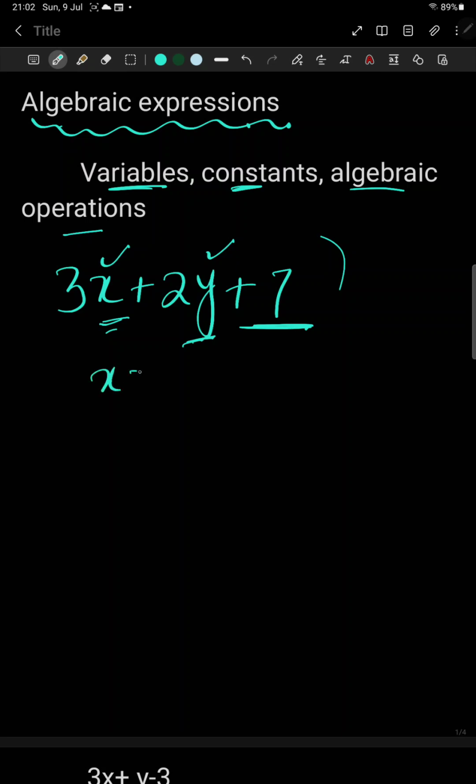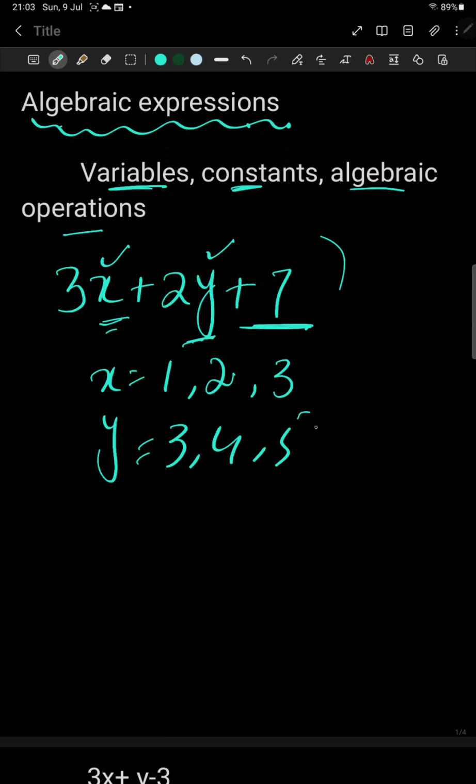The value of x may be 1, 2, 3 according to the given question. The value of y may also vary, so it may be 3, 4, 5 or anything. That's why they are called variables. And the number along with the variable is called the coefficient.